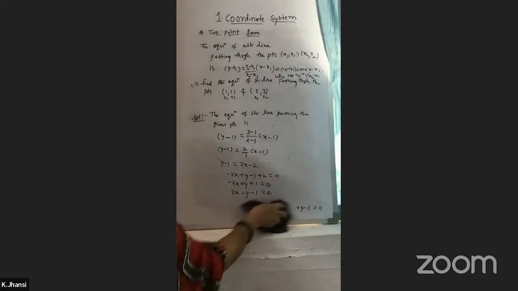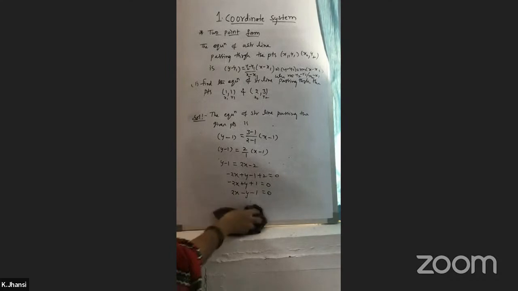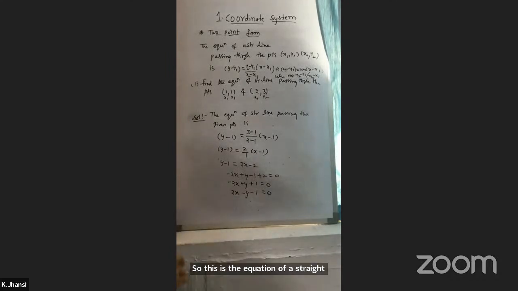This will become positive, this will become negative, and this will become negative. Okay. So this is the equation of a straight line passing through two given points. Okay. So this is one of the topics. You will also get this for the 5 marks question.